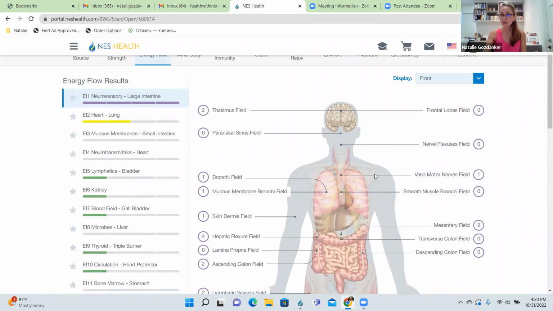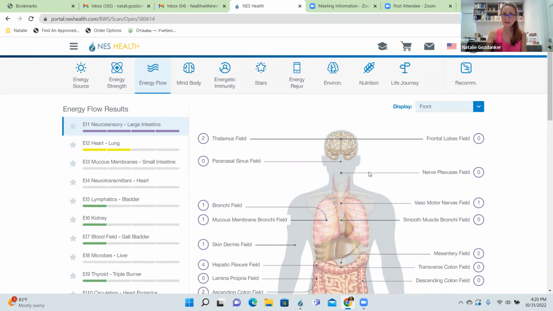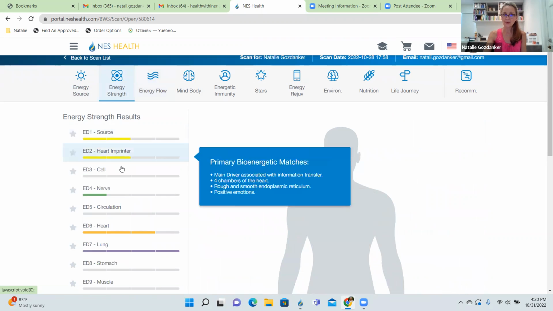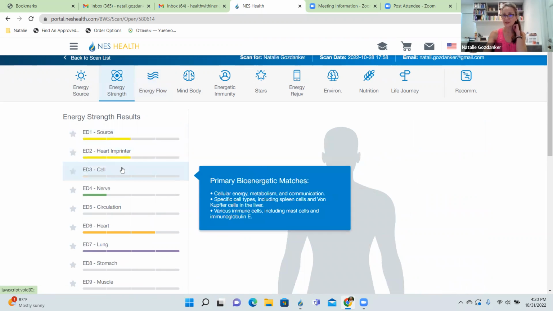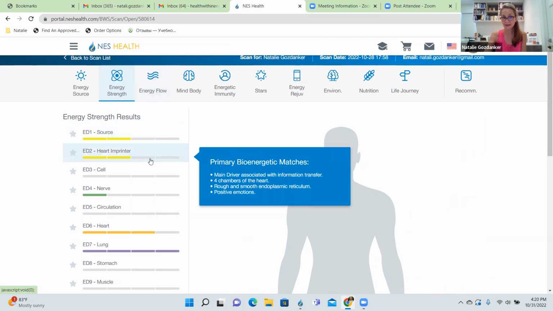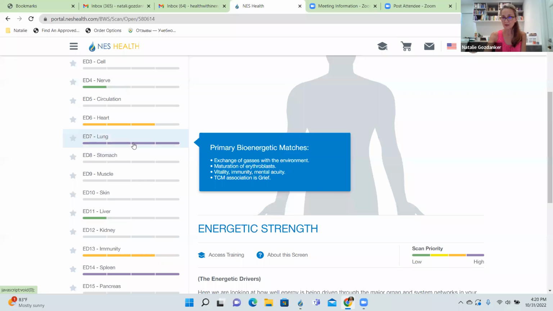So after we look at that, we obviously need to go slightly back and look at whether there was enough energy in the organs associated with energy flow and information flow in the body. And you can see in this example, the lung showed the priority.